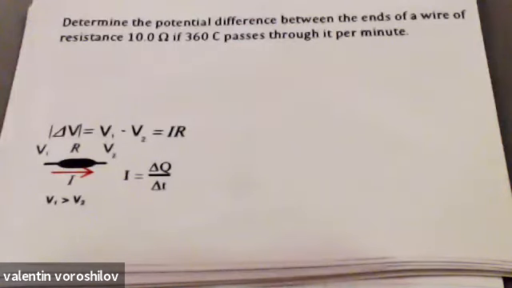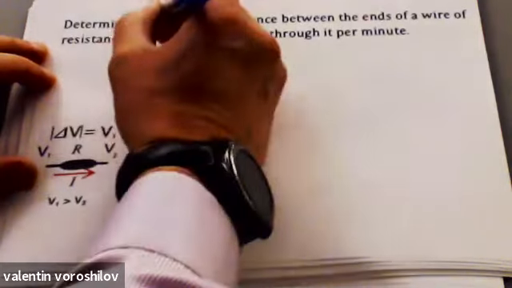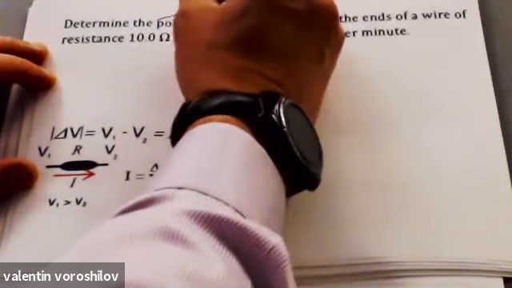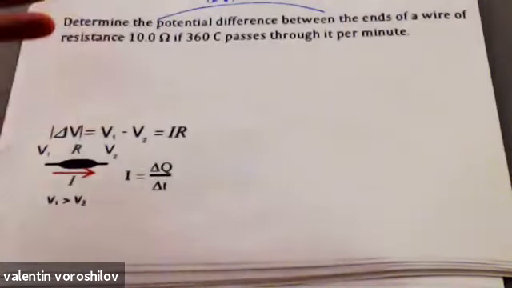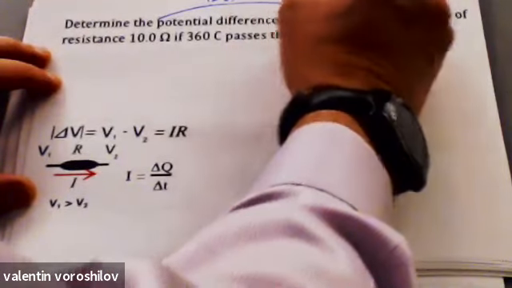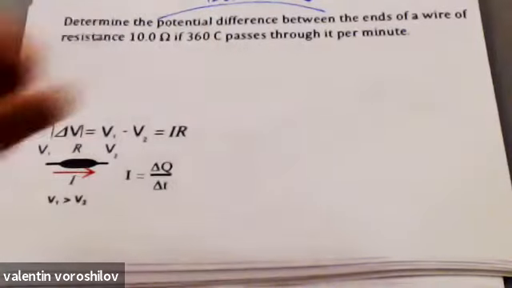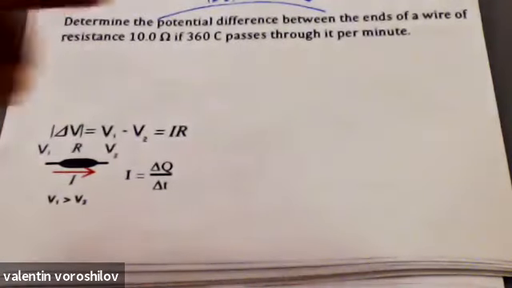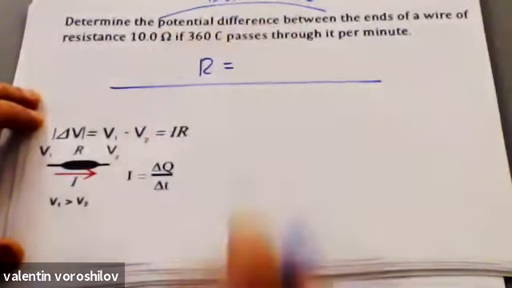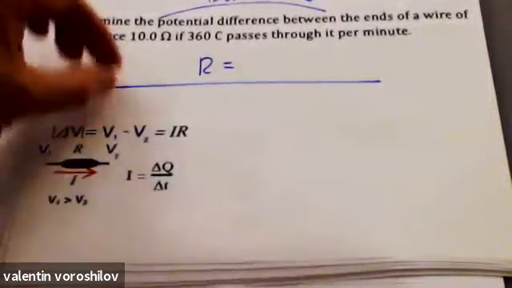So, calculate the potential difference. Again, remember, potential difference between is also the same as voltage across. Yeah, different names, the same meaning. It is equal to the higher potential minus the lower potential, the actual difference. So between the ends of a wire that has a given resistance, we don't really care how wide or how long it is.